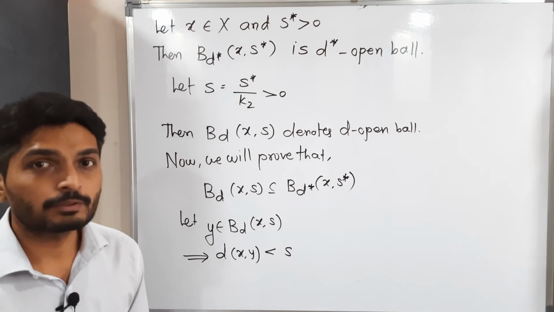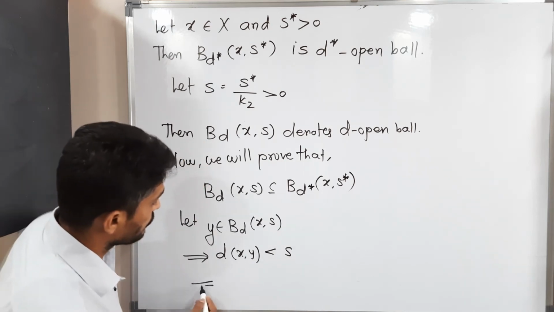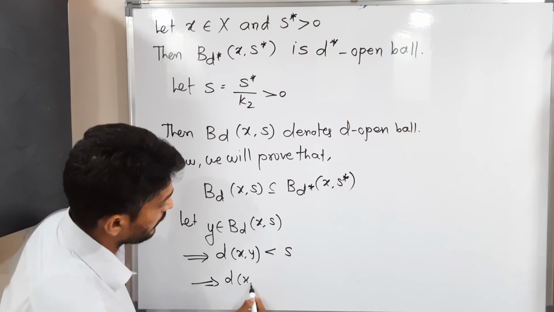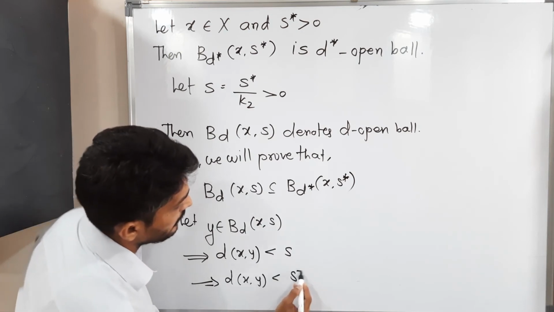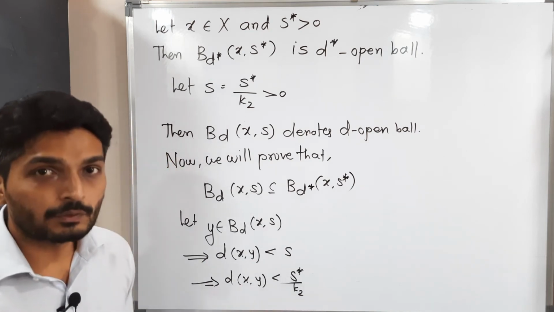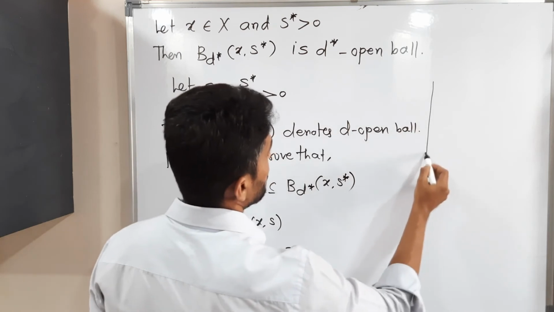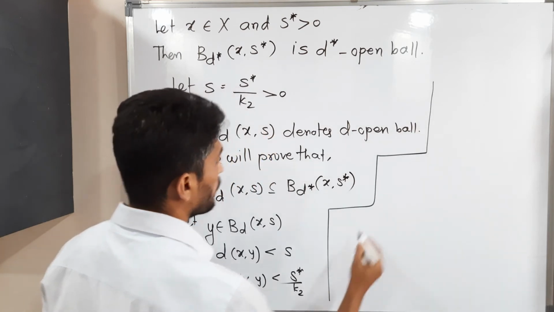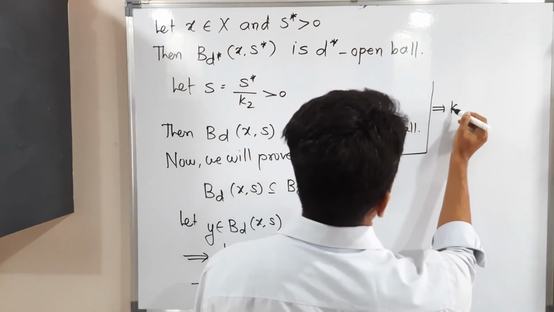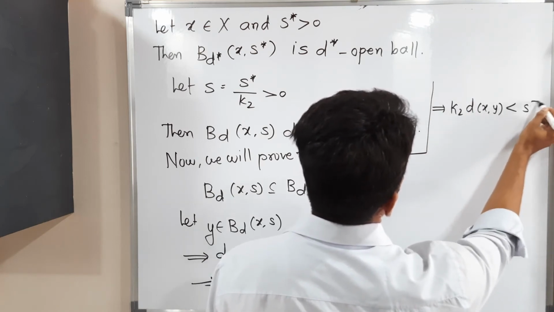What is our definition of s? The definition of s is s* by k2. So therefore d(x,y) is less than s* by k2. Since k2 is a positive real number, we can easily shift it here. Therefore k2 d(x,y) is less than s*.